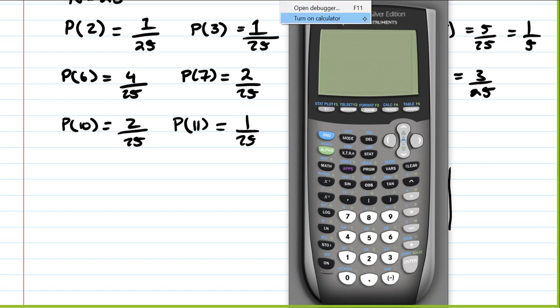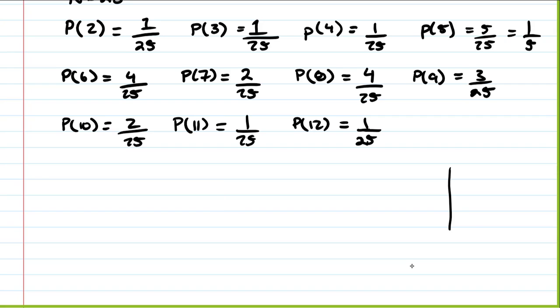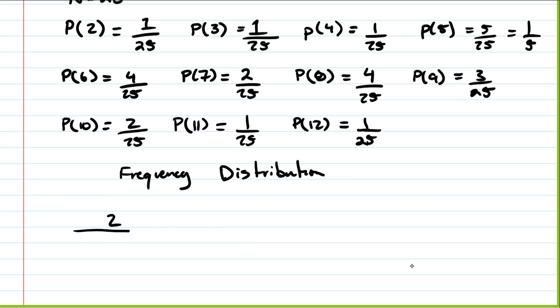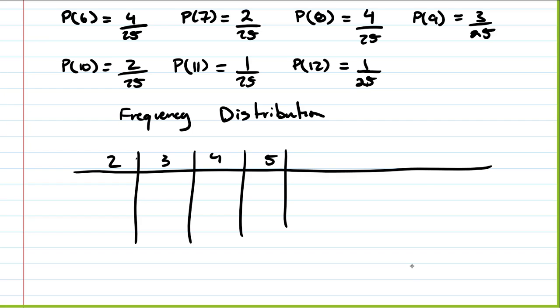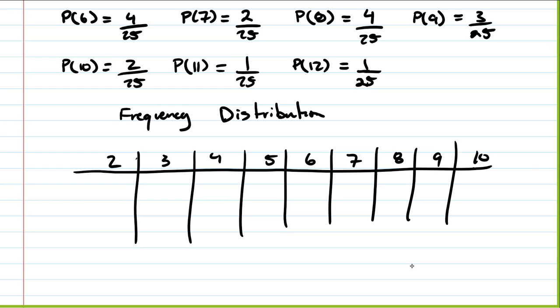So if we take 1 over 25, we get 0.04. So if we make our table, so our frequency distribution, 2, 3, 4, 5, 6, 7, 8, 9, 10, 11, and 12.